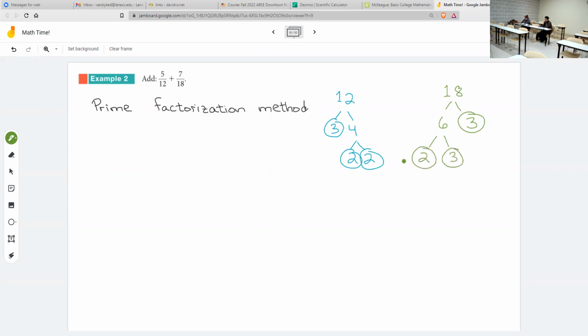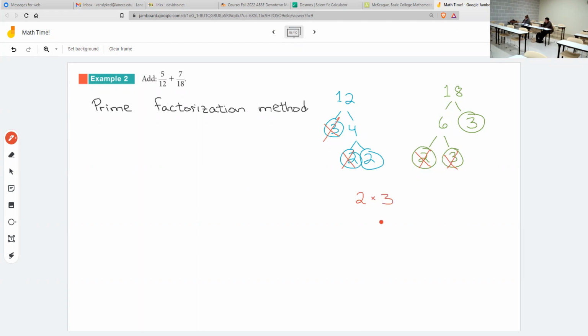Then to find our common denominator, we're going to start by picking all the factors on both trees and writing them down. And when we do, we cross out them on both trees. So there's a 2 on both trees. There's a 3 on both trees.